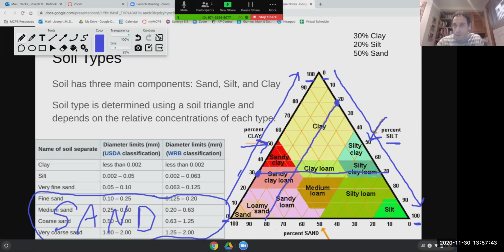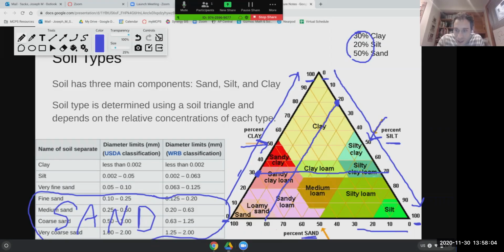Finally, I got 50% sand. Just a quick note, notice how all of these add up to 100%. If you got something that adds up to like 120%, you screwed up and the soil triangle won't work. All these should add up to 100. I got 50% sand, so look at my sand side right here.